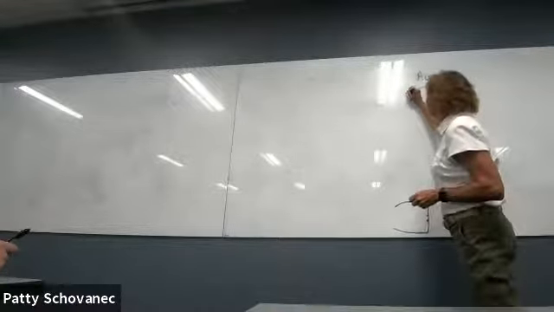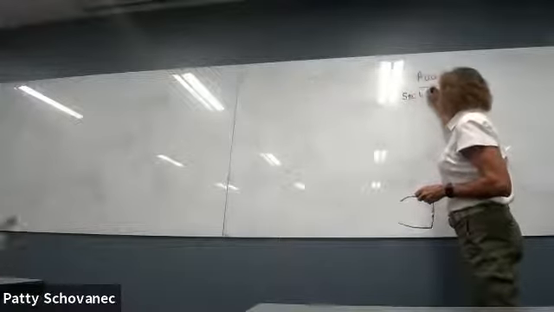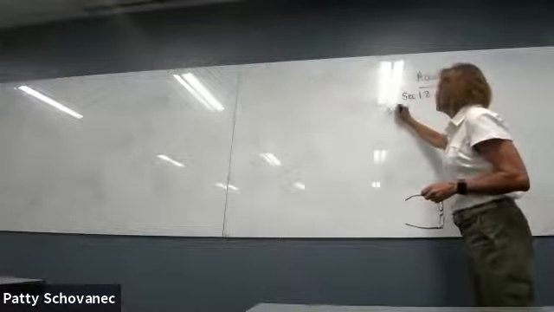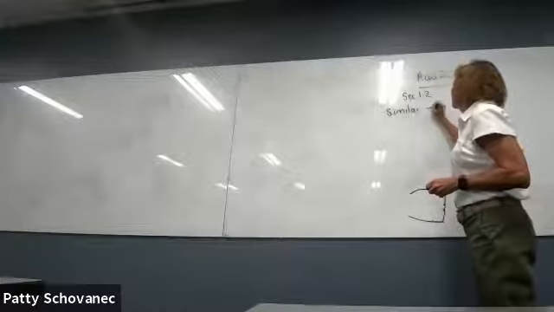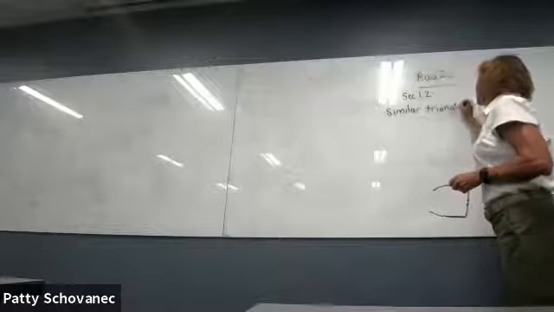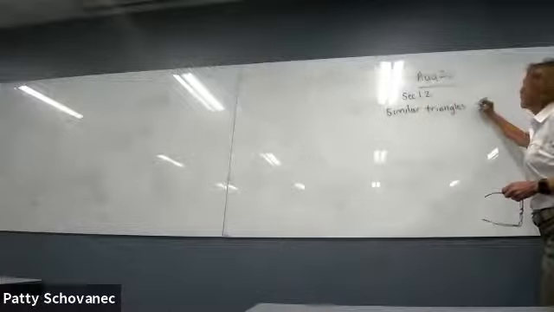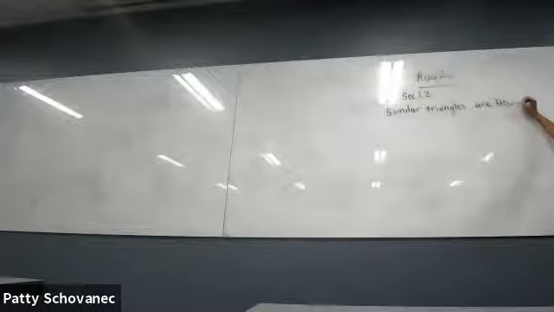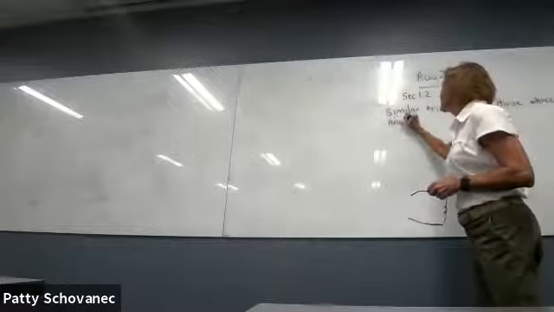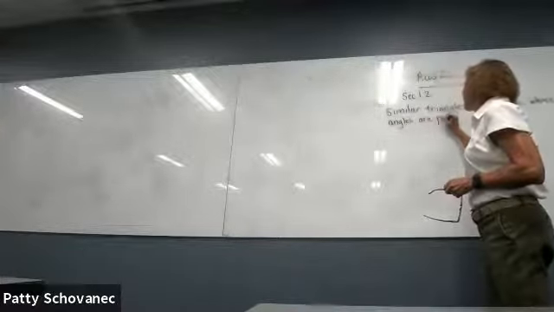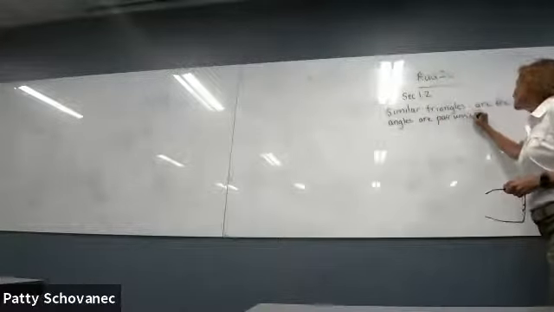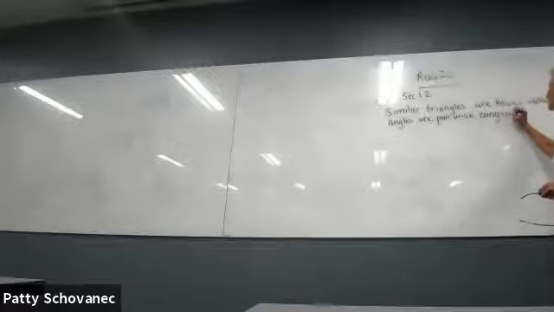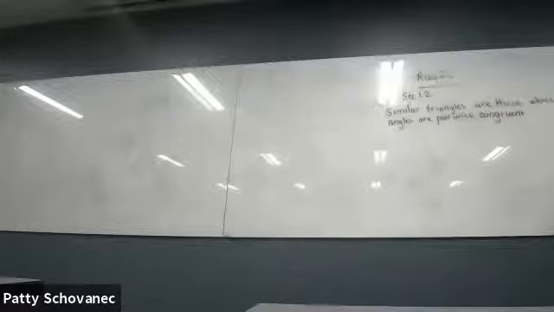So back in section 1.2, similar triangles are those whose angles are pairwise congruent. All right. Angles are pairwise congruent, right? That's the end of where I can write right there.